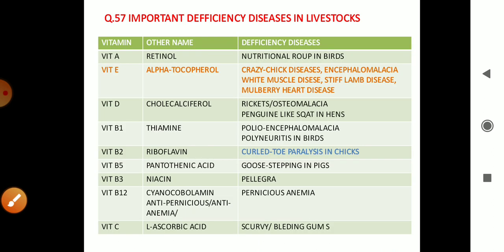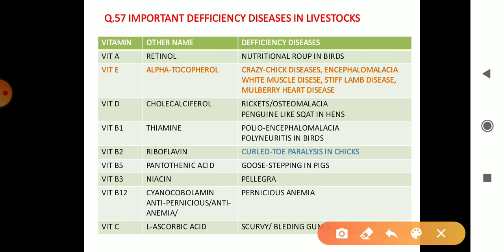Coming to the next question, some of the important deficiencies in the livestock. These deficiencies are helpful for those aspirants getting into the NABARD examinations, particularly belonging to the veterinary sector. Vitamin A is also known as retinol, and this causes nutritional roup in poultry birds.